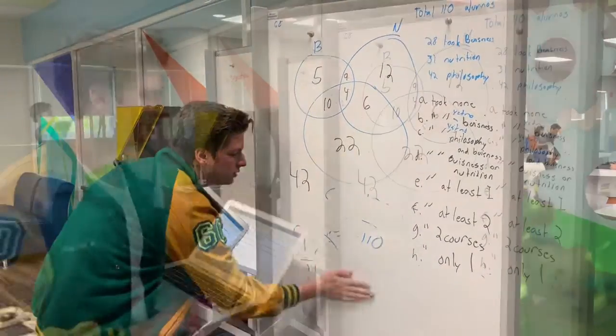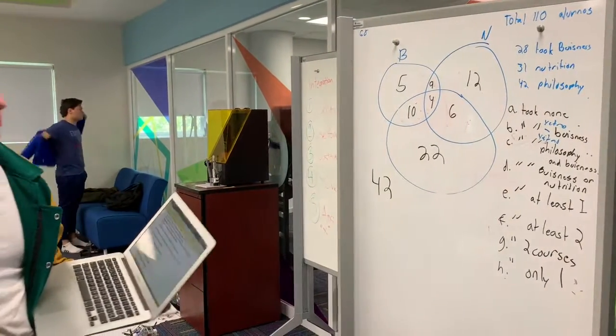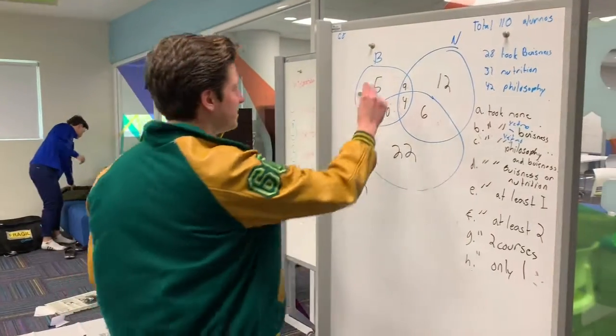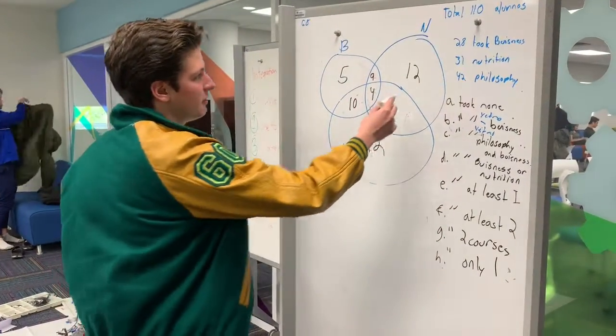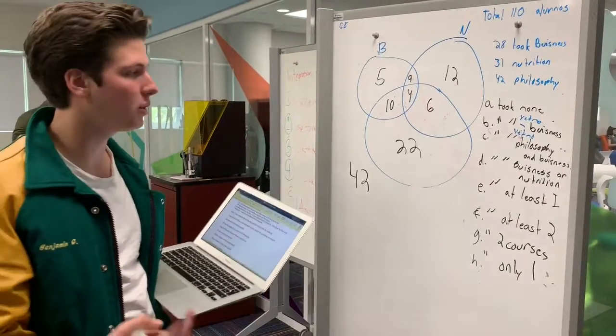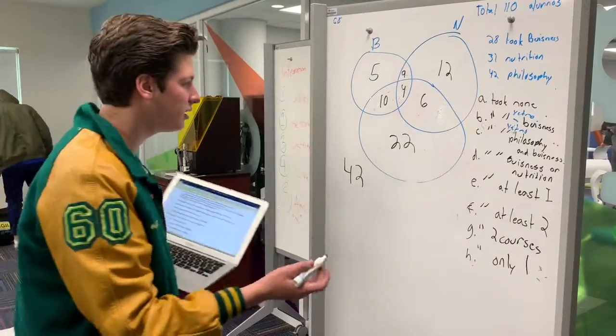Now we're gonna continue with the D, which is business or nutrition. So we have business here, which is 5, and we have nutrition here, which is 12. So business or nutrition, we need to add them. And as they have the same common denominator, we don't need to do anything else, just add them.